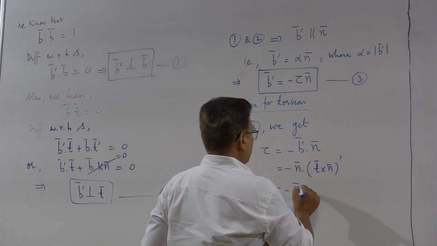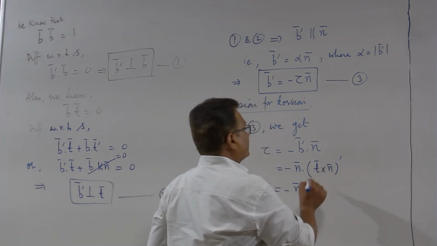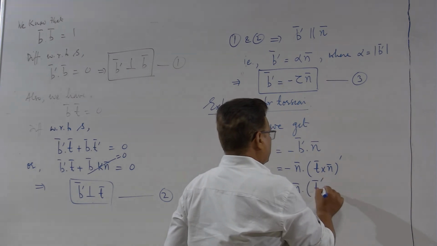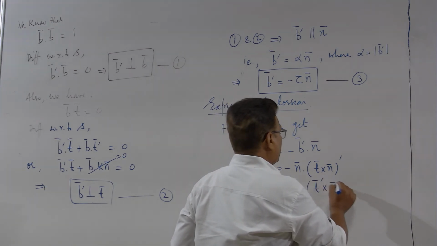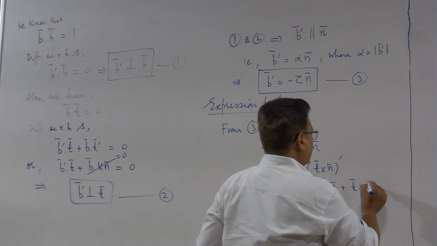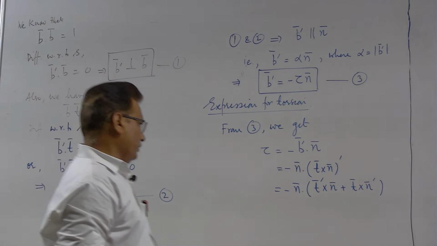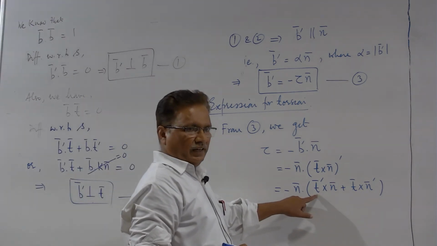So, this becomes minus n dot, the derivative of this cross product, which is t dash cross n plus t cross n dash, and you know here that t dash is k n.